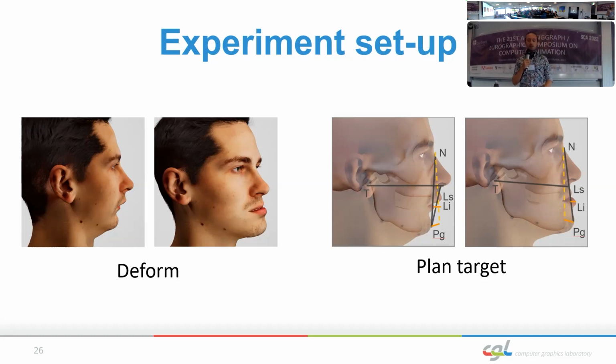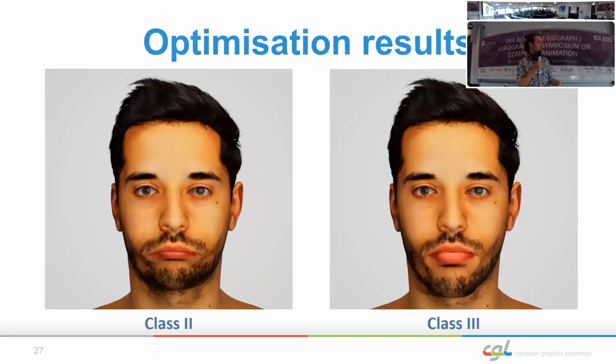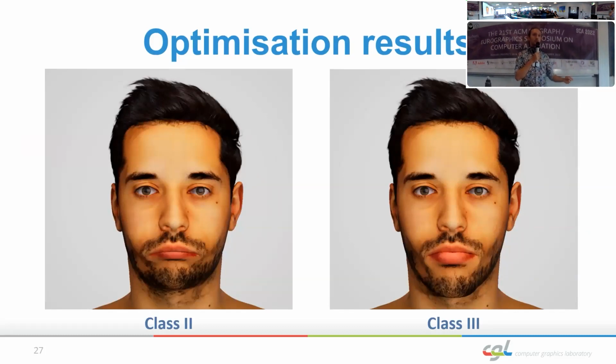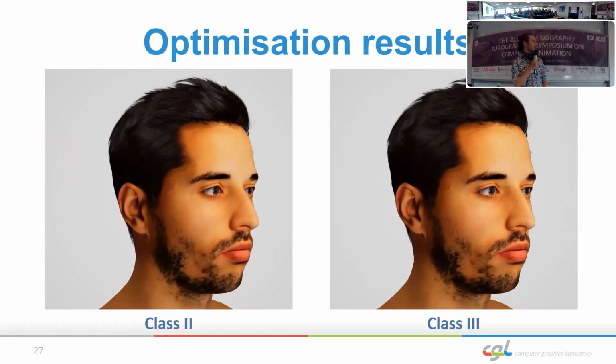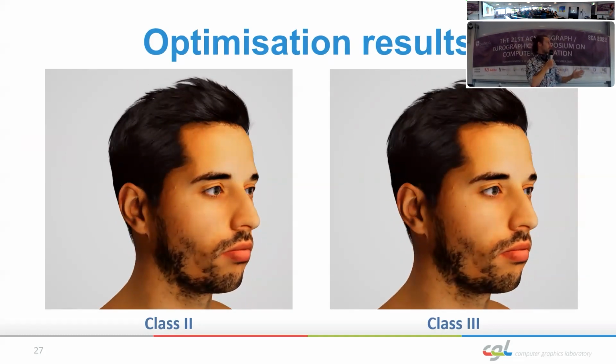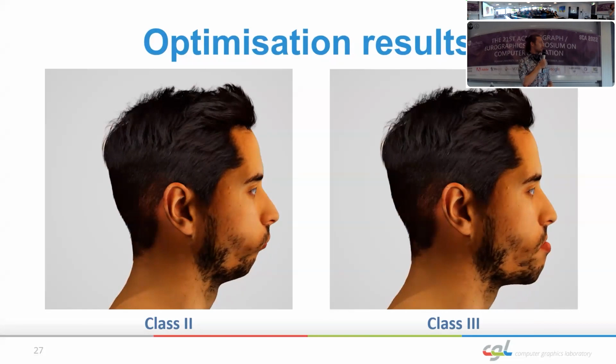And that allows us to run our optimization pipeline. So what we can see from that is that the deformed maloccluded facial surface will be optimized towards the healthy surface determined by the treatment targets. And you can see the change from before to after in this animation.